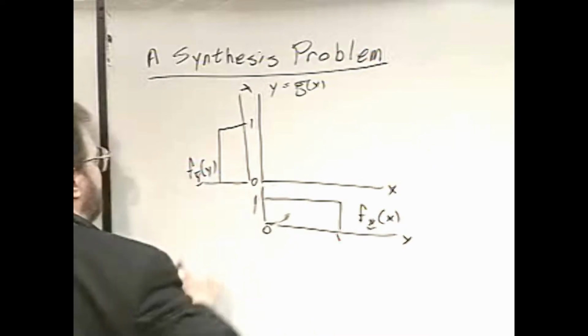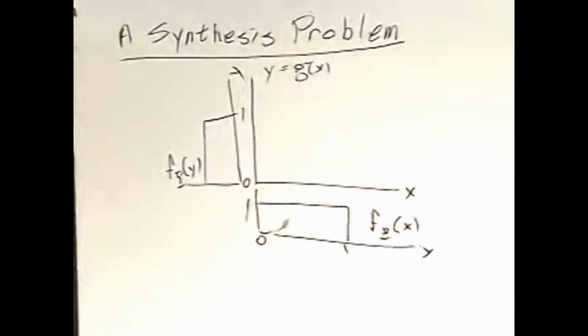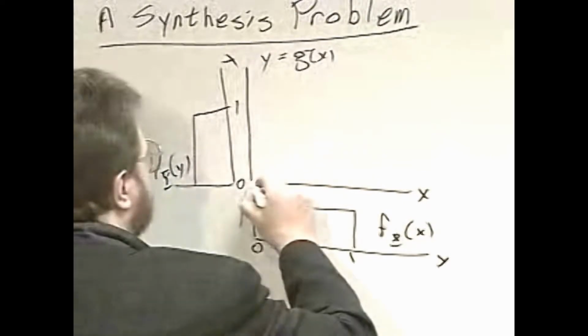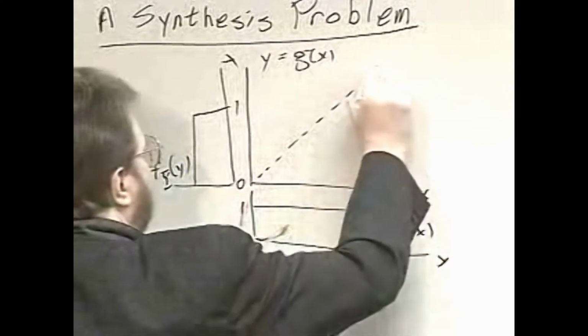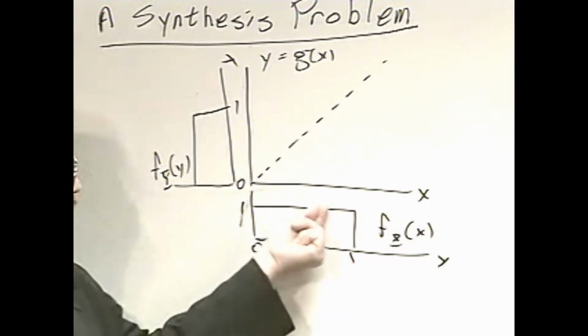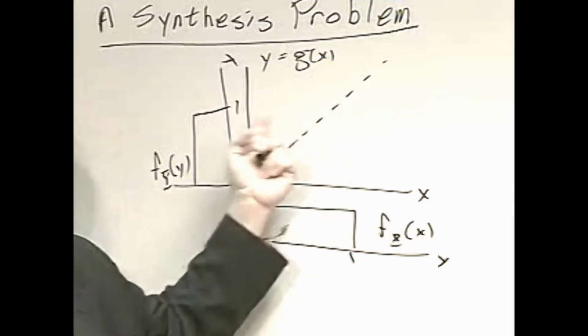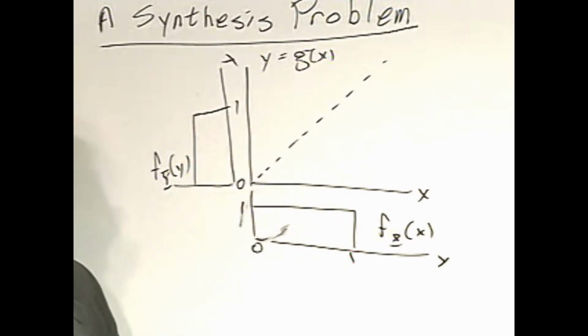Clearly a transformation which will achieve this is a unity transformation, correct? Every little piece of probability mass is mapped on this 45-degree line to its corresponding location there. So that's a straightforward analogy.